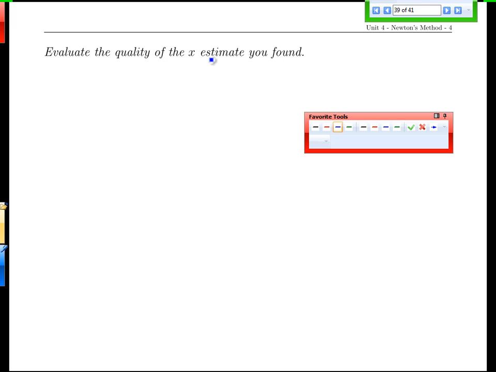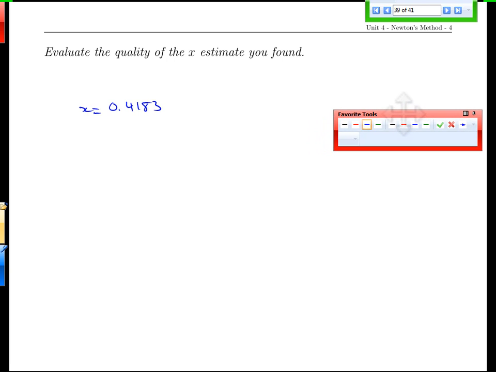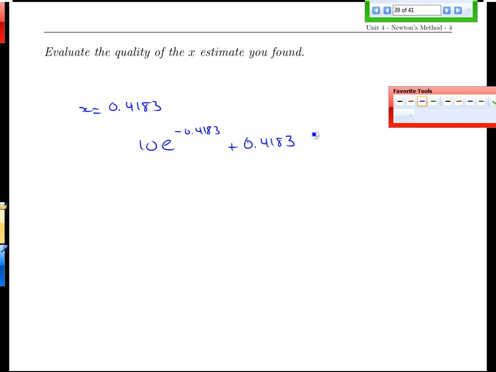Estimate the quality. Well, if x is equal to 0.4183, let's check it by plugging it into that equation: 10 e to the minus 0.4183 plus 0.4183. Our original equation had a 7 on the other side.